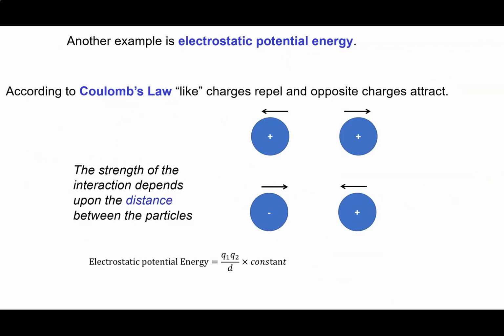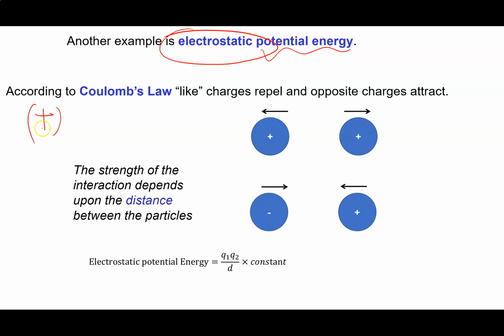Now, there's a particular form of potential energy that's of interest, especially to chemists, and this is called electrostatic potential energy. This is a form of energy that depends upon the position of particles that have a property called electrical charge. Electrical charge can be of two types.